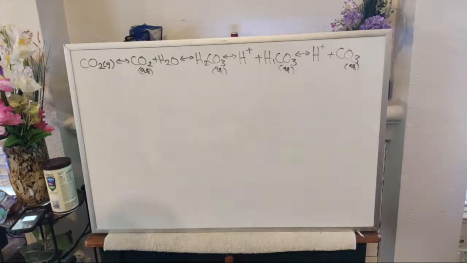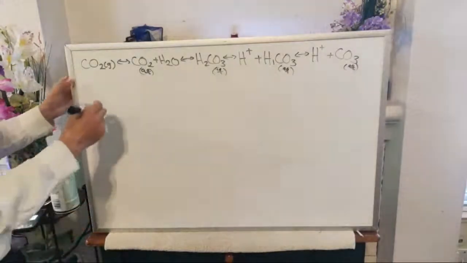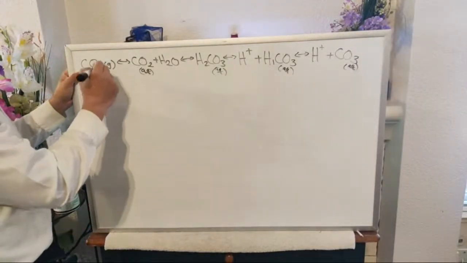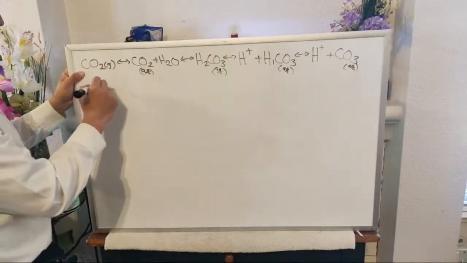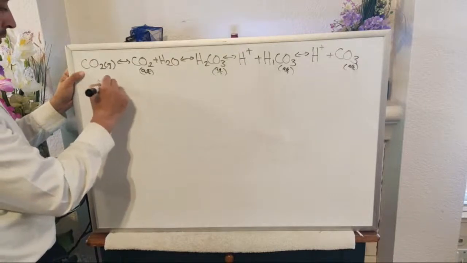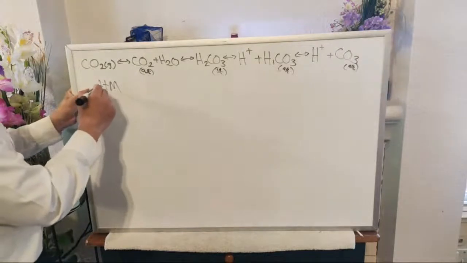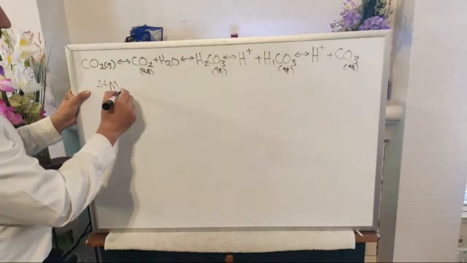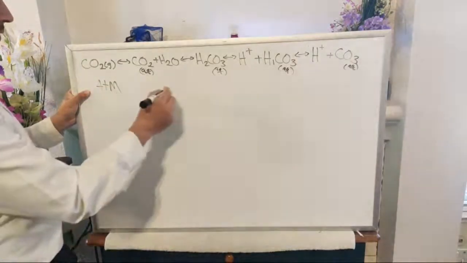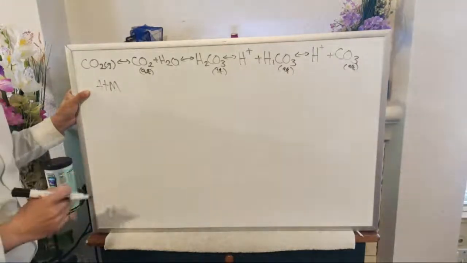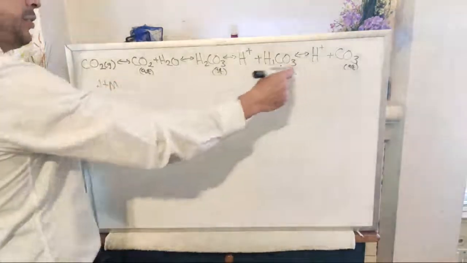So when people talk about global warming and they're talking about CO2 in the atmosphere, so let's say this is the air, atmosphere. All right. So when you get more CO2 dissolved from the atmosphere, the process starts going that way.